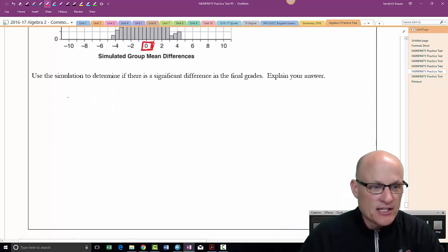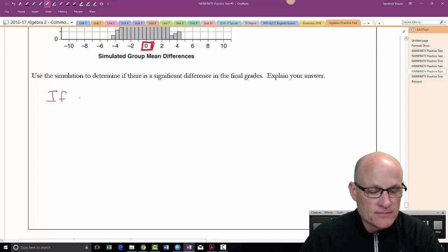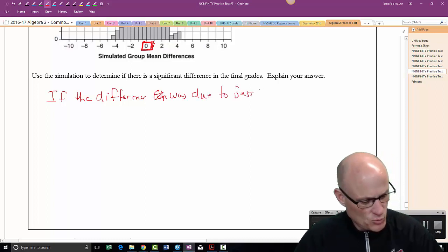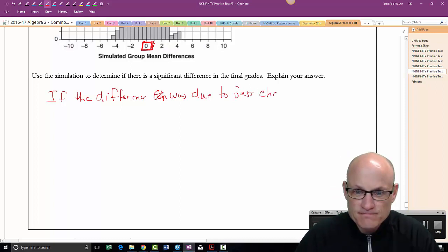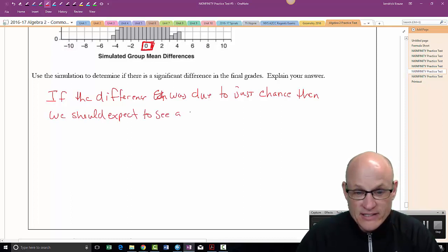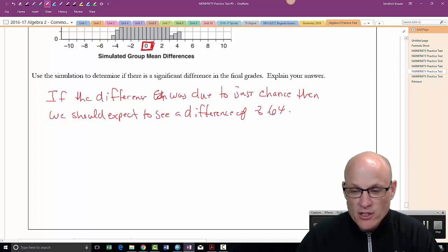So if, let's just start writing this out, if the difference was due to just chance, then we should expect to see a difference of 3.64, or in this case, negative 3.64, a lot of times.